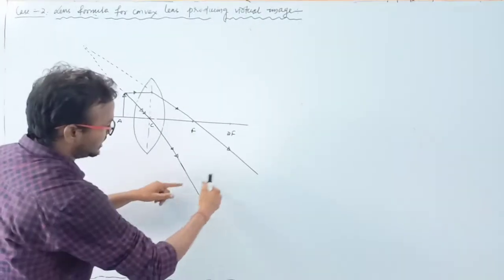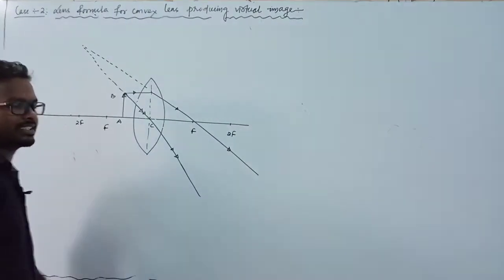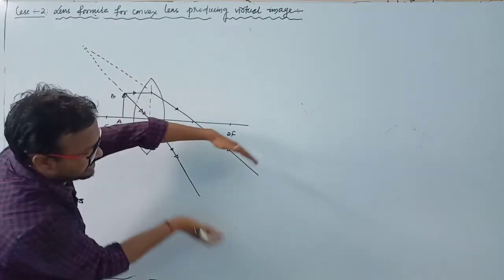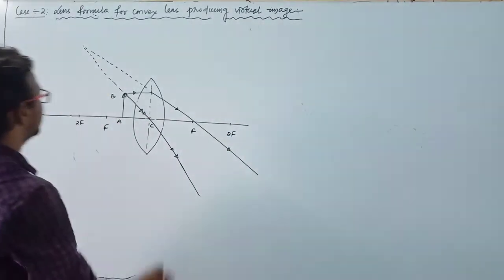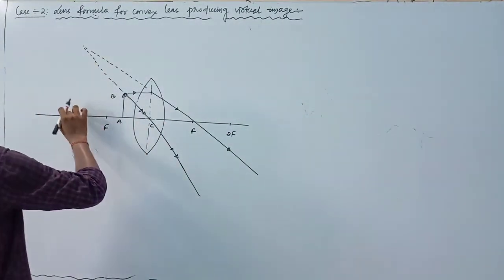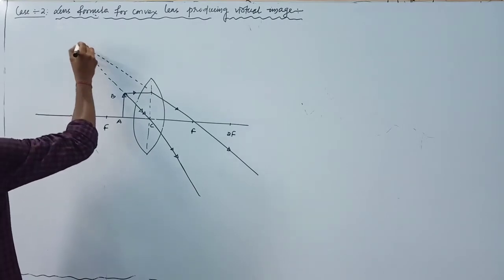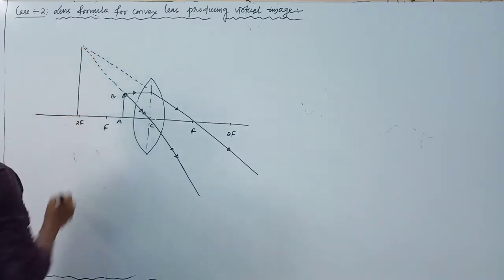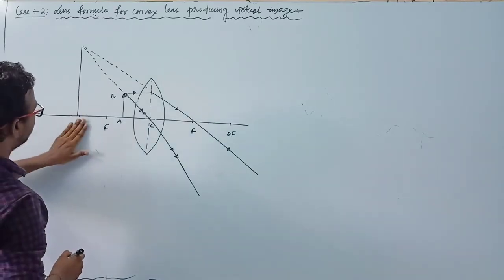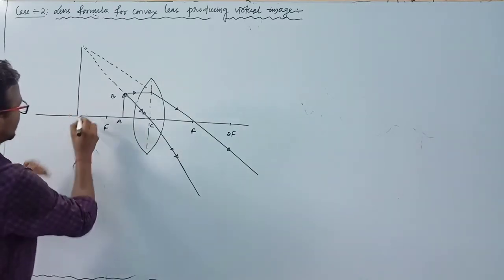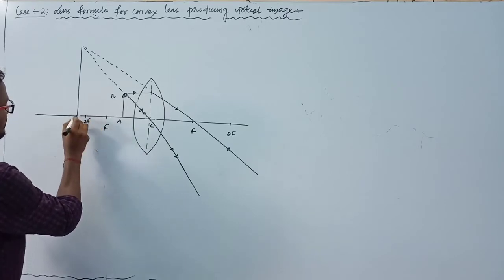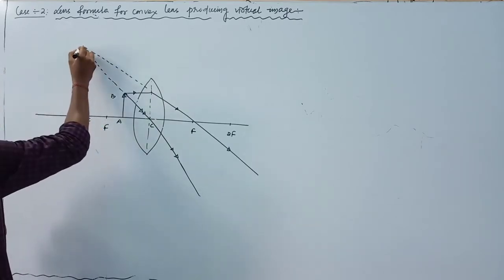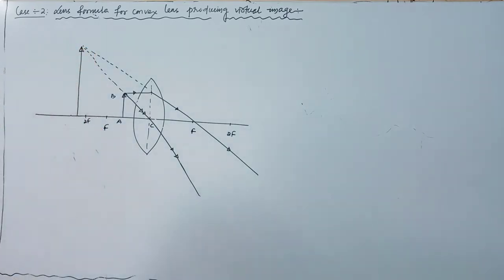Actually these two rays never intersect each other because they are diverging. So if we produce their lines of action, they meet beyond the lens, and we get an image here. Clear? Suppose this distance here is 2F, and the image is formed beyond 2F. This is the final image.